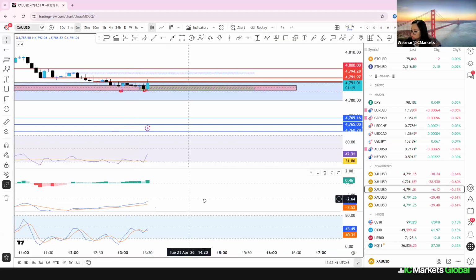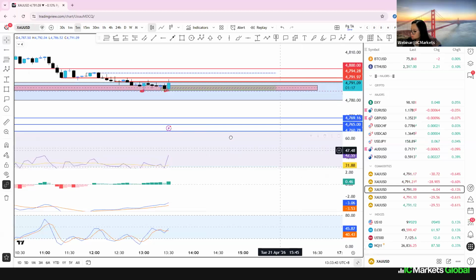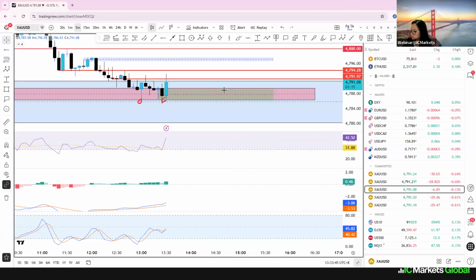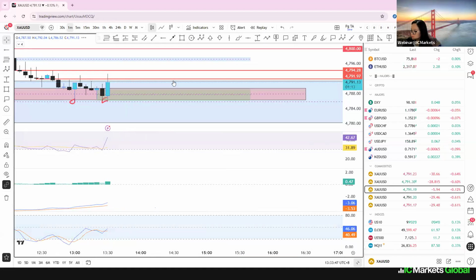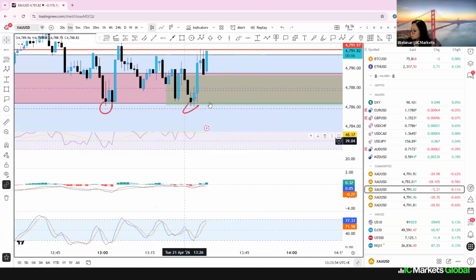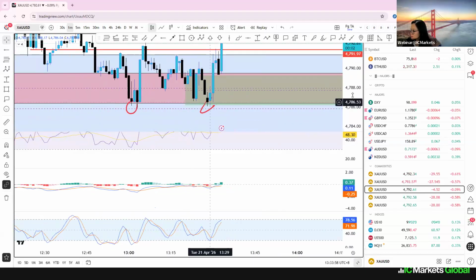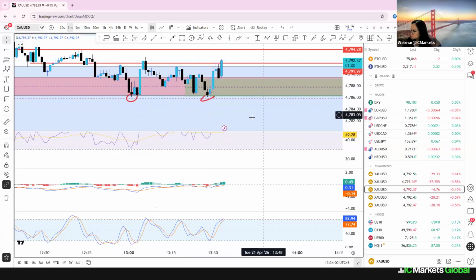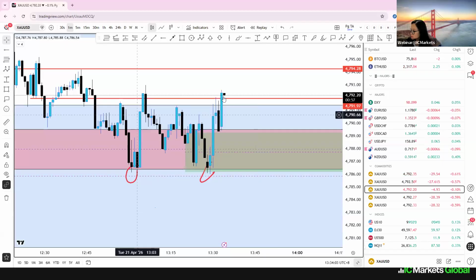Do you see the divergence here? I don't see the divergence yet, but in the lower time frame, I'll take out this one later. What do we see? We see a double bottom. Close above, close above.